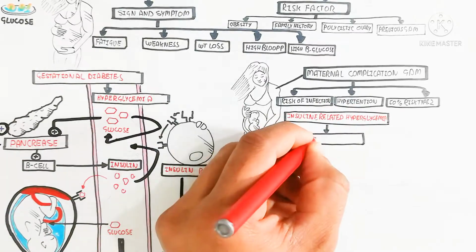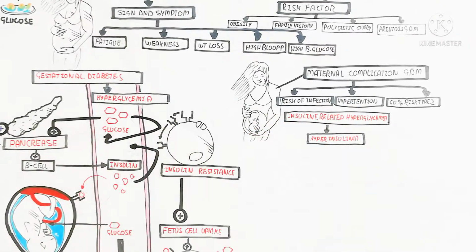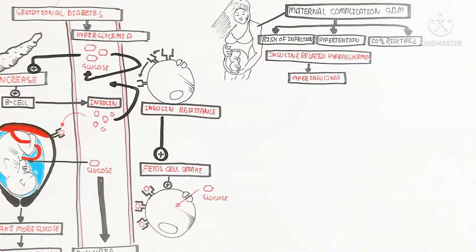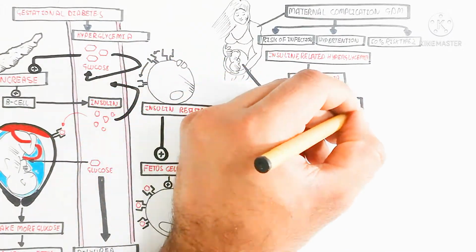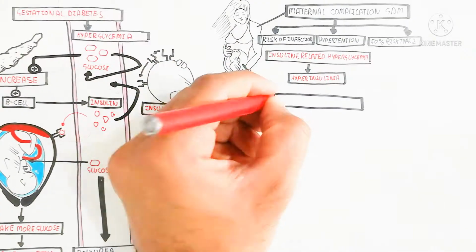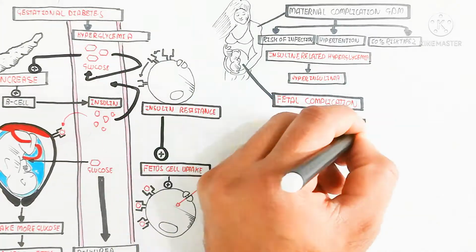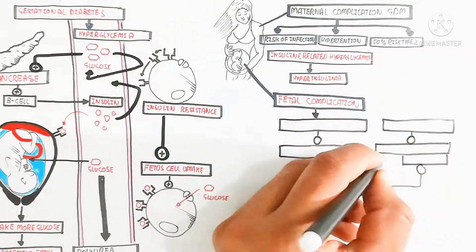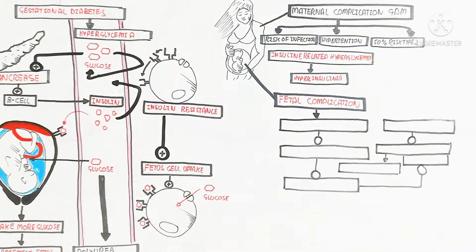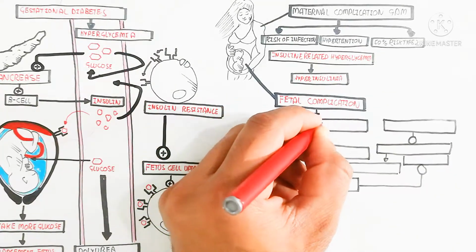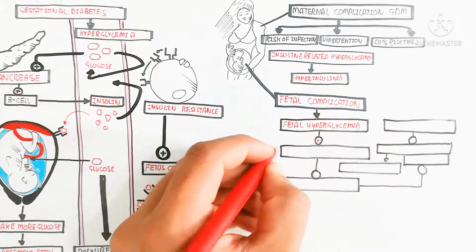While the insulin-related hyperglycemia will increase the hyperinsulinemia, and in this way the fetal complications can be fetal hyperglycemia, which leads to increased fetal hyperinsulinemia, and this hyperinsulinemia will lead to increased glucose uptake.